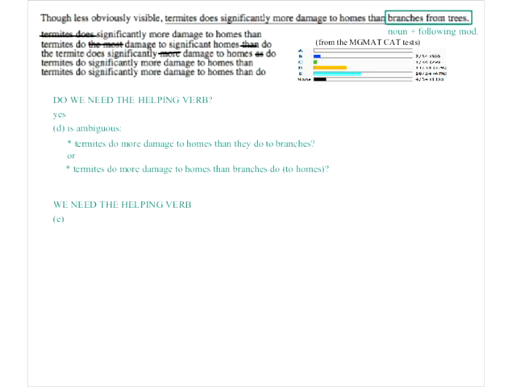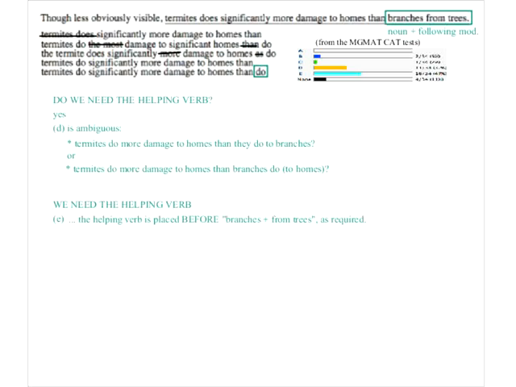So in E, the helping verb is placed before branches plus the modifier from trees, as required. Here's your helping verb. That's where it has to go.